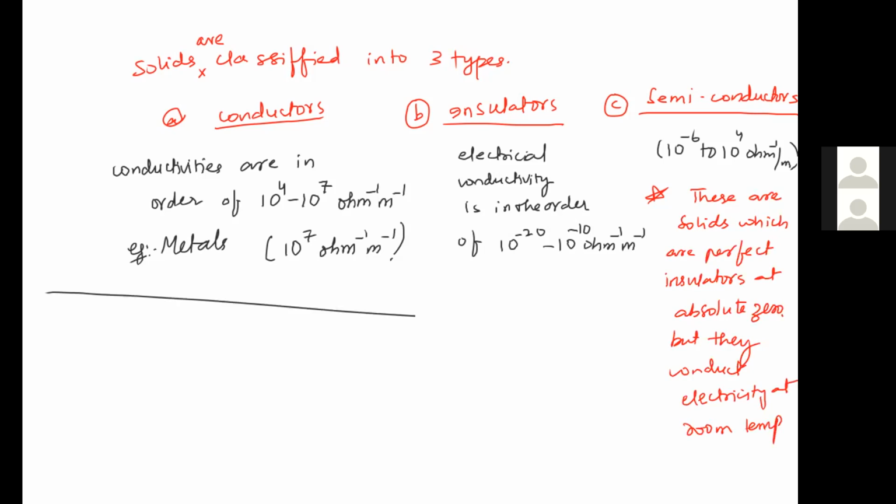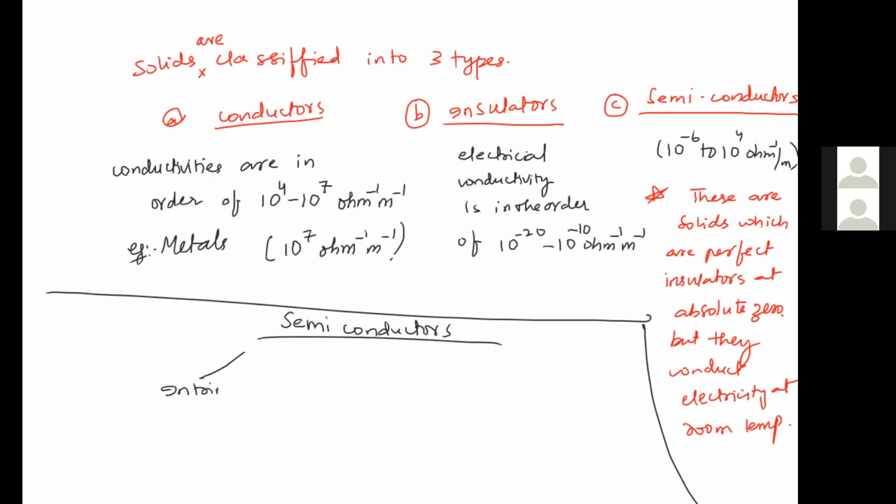Semiconductors are classified into two types. One is intrinsic. Two is extrinsic.